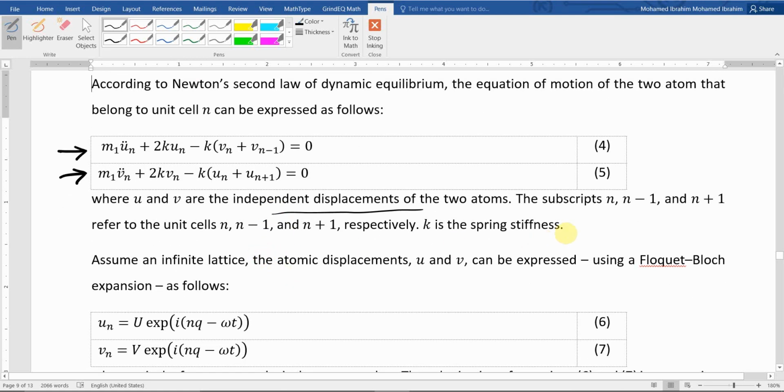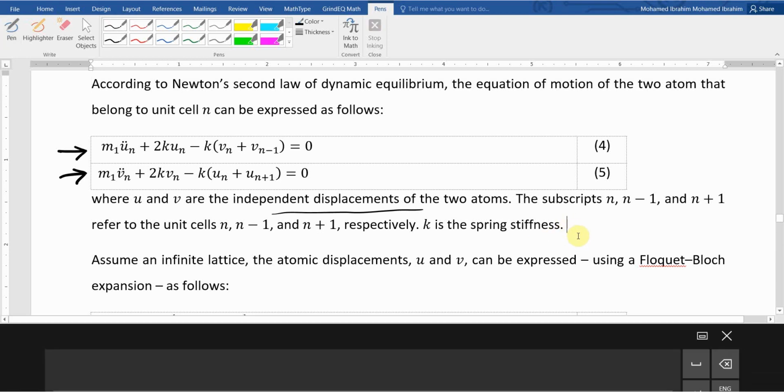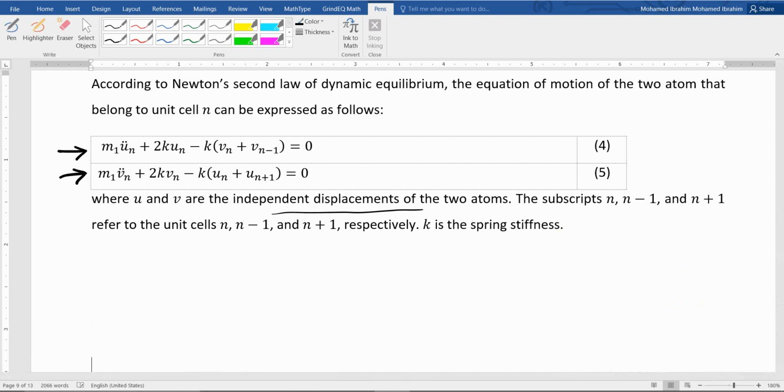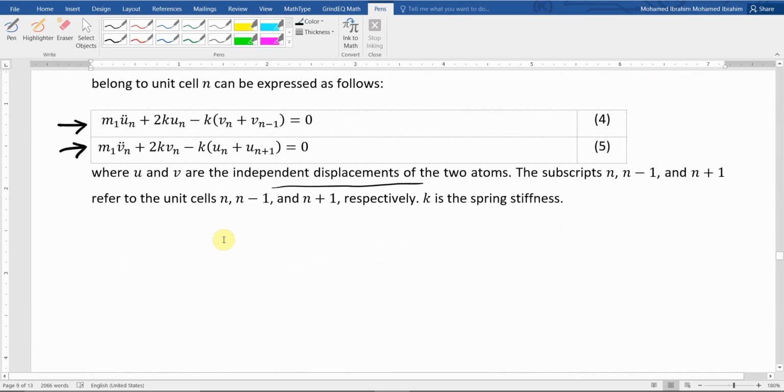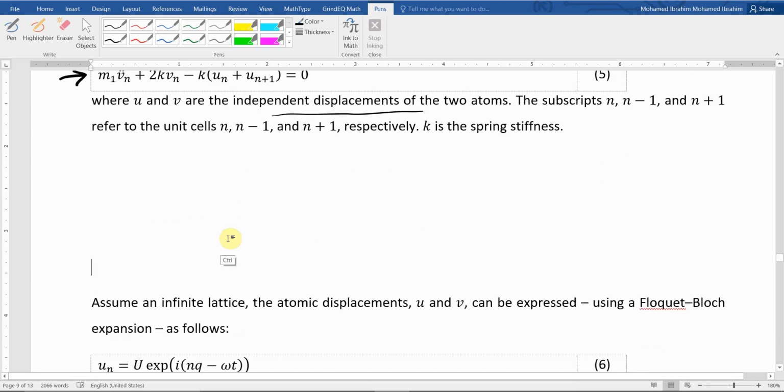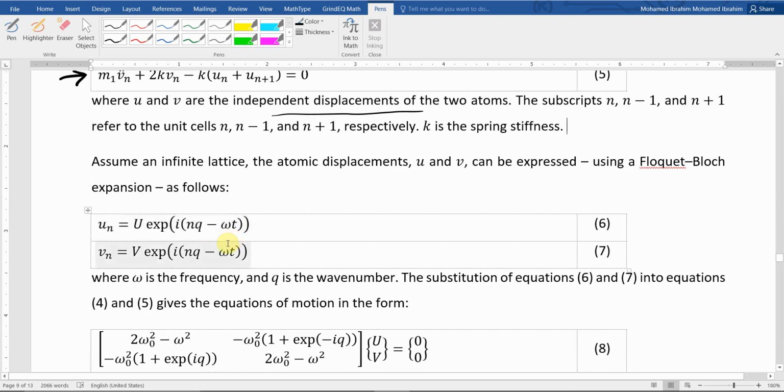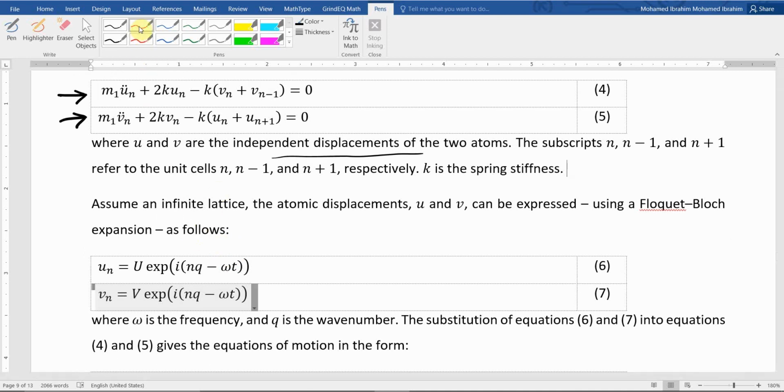Then again, let us repeat the same procedure to study the vibration of this system. We are going to do typically the same as before, but here we have to assume a trial function for both displacements. Here we have two displacements, not just one, so we have a trial function for Un, and another trial function for Vn, as given here.